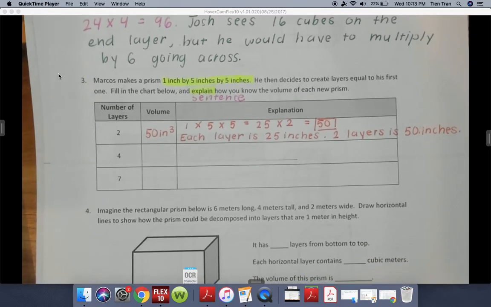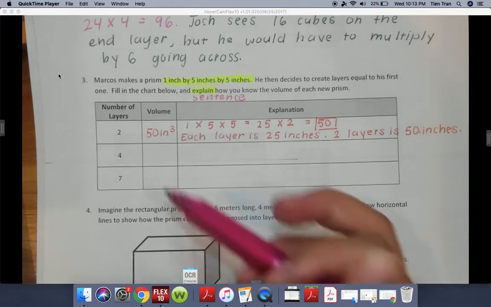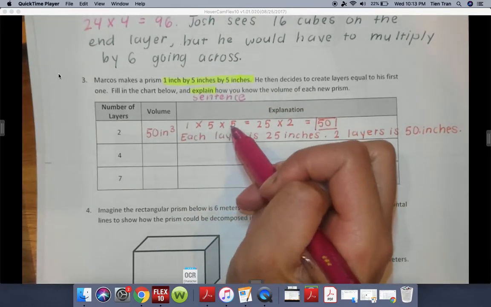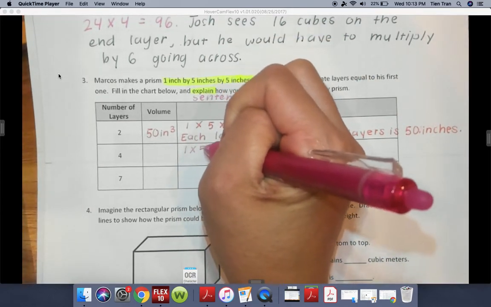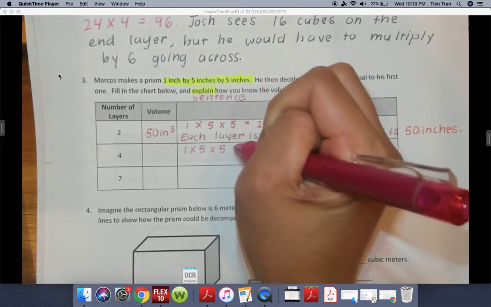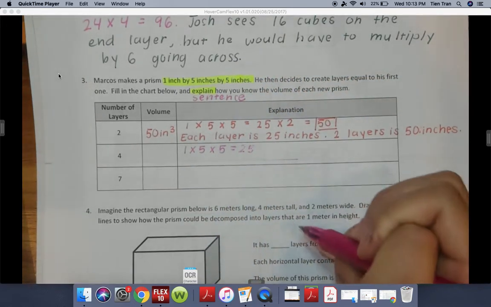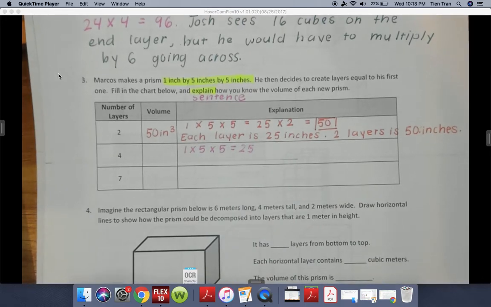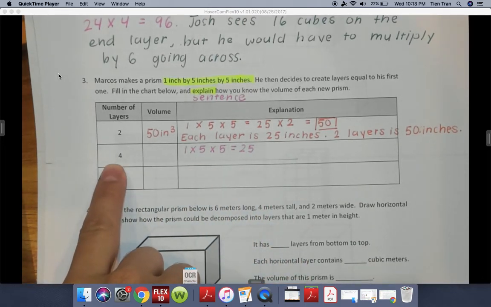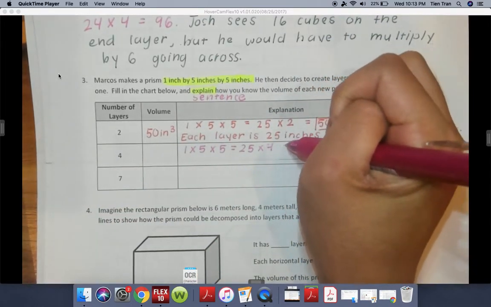For problem 4, I'm doing the same thing. I am multiplying 1 times 5 times 5. 1 times 5 is equal to 5. 5 times 5 is equal to 25. And for this one, they're asking me to multiply times 4 because there are 4 layers. So I'm going to multiply times 4.